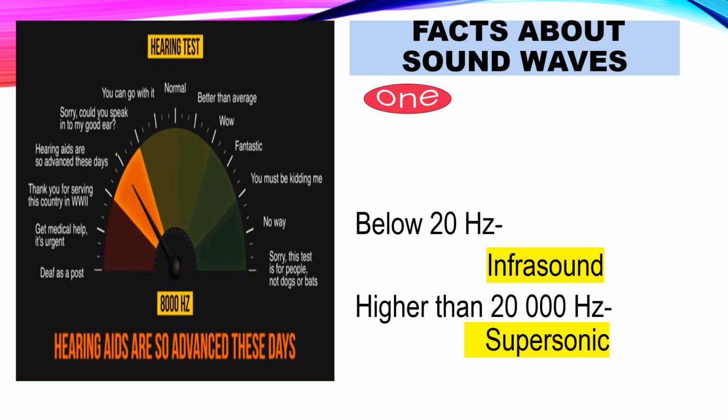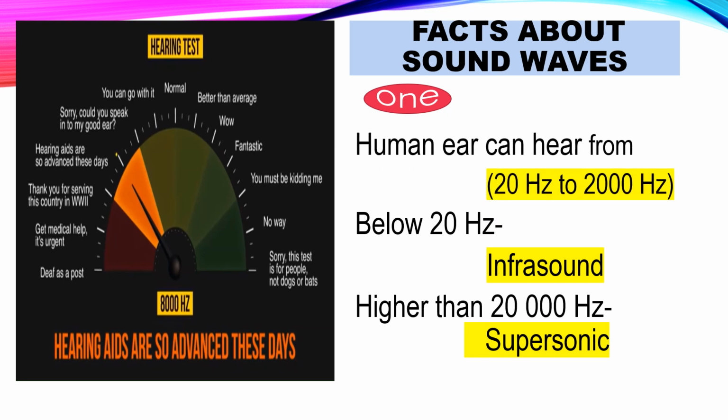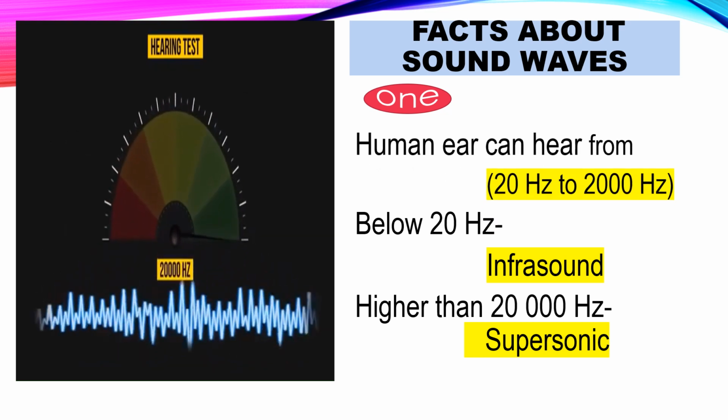So, ang kaya lang natin marinig is from 20 Hz to 20,000 Hz. And always remember that those sounds below 20 Hz, we call that infrasound. And those sounds that are higher than 20,000 Hz, we call that supersonic sound waves.